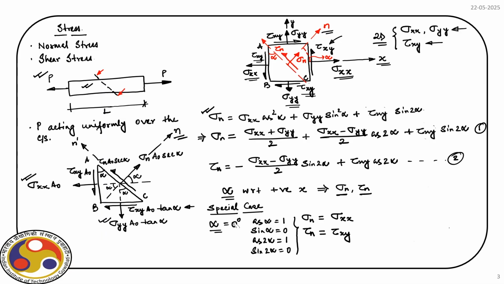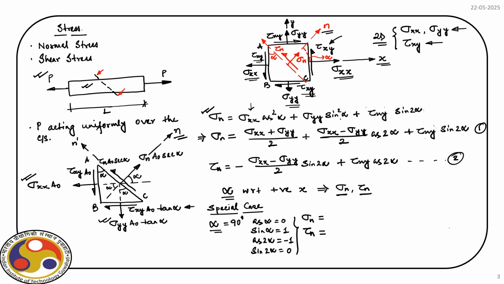Now, let us again investigate for a different angle. So, let us consider 90 degree. For 90 degree, cos alpha will be 0, sin alpha will be 1, cos 2 alpha is minus 1, and sin 2 alpha is 0. So, you have cos alpha 0, so the first component from sigma xx is 0.